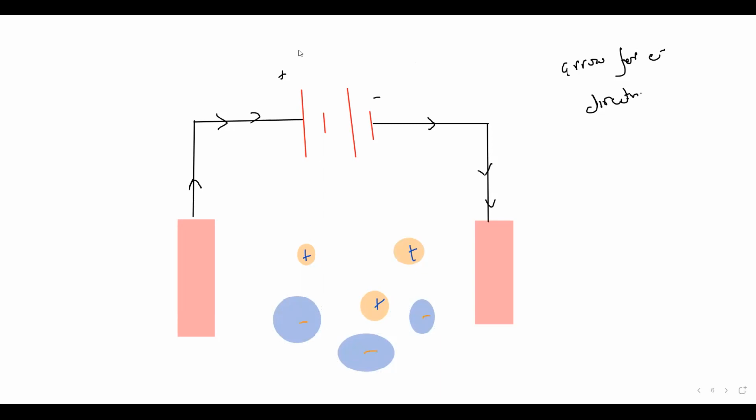So the direction of the positive ions, because positive ions are moving towards cathode, so they will move towards cathode, and direction of the negative ions, they will move towards anode. So this is also a question in which they ask to show direction of electron movement as well as direction of the ions movement.